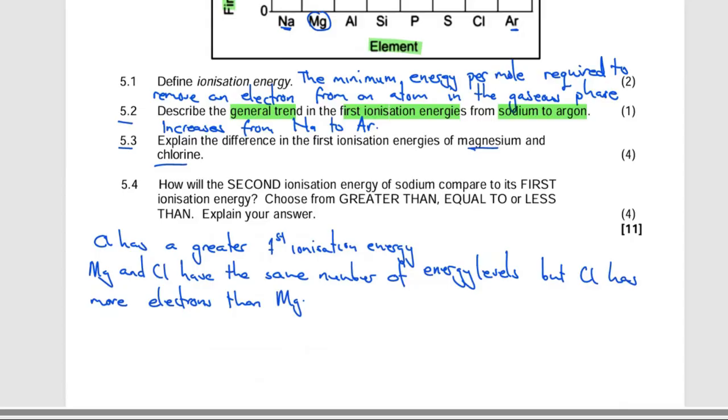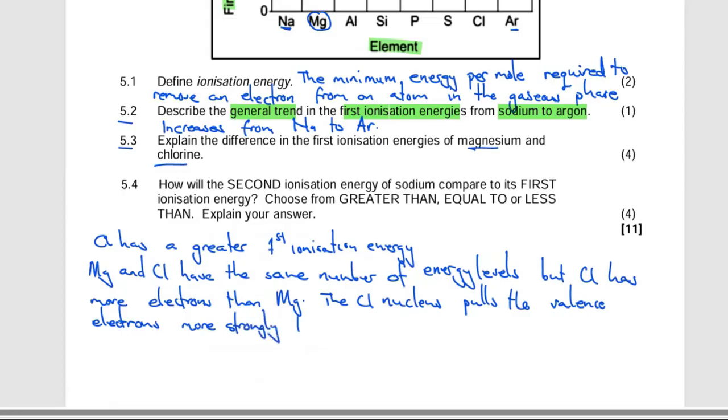Therefore, the Cl nucleus pulls the valence electrons, the ones on the outer shell, more strongly than the nucleus of the Mg.